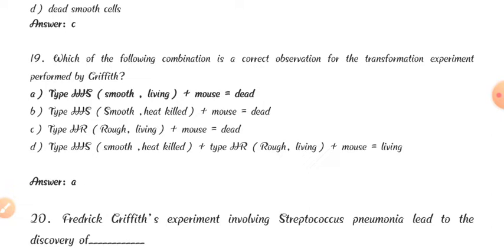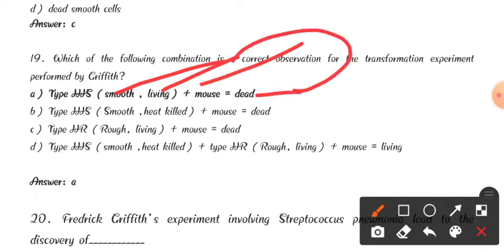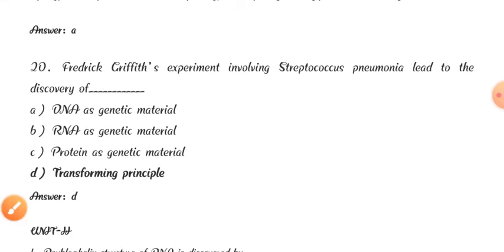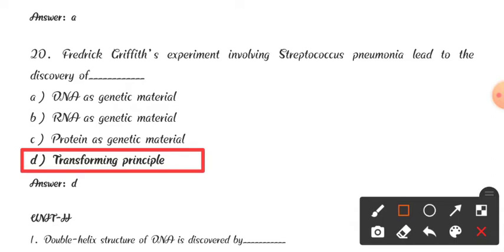So friends, option A, that is type 3S, okay, that is living smooth plus living mouse, that is dead. If we inject smooth plus living mouse, then what happens? Death happens. Now that's why option A is the correct answer. Okay, now next question friends, question number 20, the Frederick Griffith experiments involving Streptococcus pneumoniae lead to the discovery of, option D, that is transforming principle is the correct answer. Transforming principle is the correct answer friends.